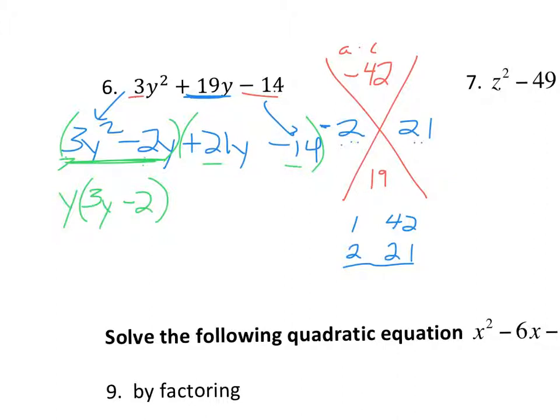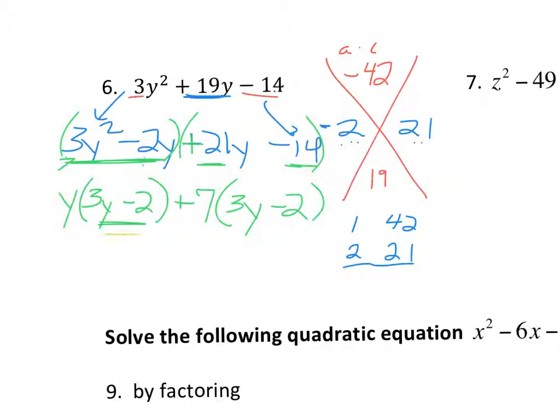Over to the right side, GCF of 21y and 14 would be a 7. Make it positive 7 because the third term's positive. If I'm doing it right, it should match this parenthesis. 3y minus 2. Yep, that makes sense for this one.